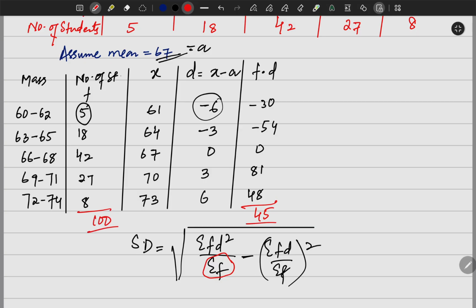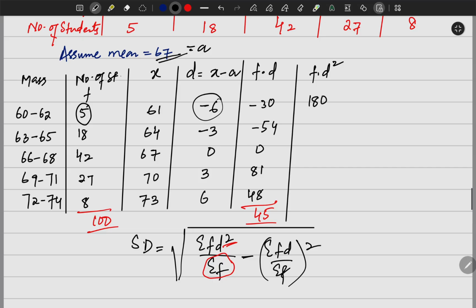Okay, so now we need the fd square, isn't it? So we will write fd square. Now d square is 6, 6 are 36, multiply 5, that's 180, 3 3 are 9, multiply 18, that's 162, then 0, then 2 4 3, 288, and when you add it, it will be 873.